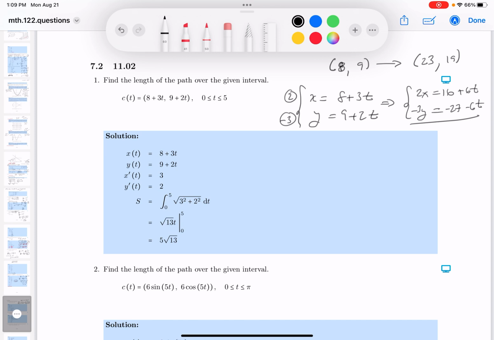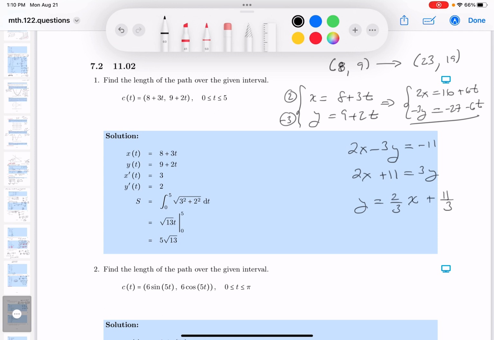If you add those two equations together, what do you get? 2x minus 3y is equal to, well, 16 minus 27 is negative 11. All right, I'm going to write it a little differently: 2x plus 11 equals 3y, and then y equals 2/3 of x plus 11/3.